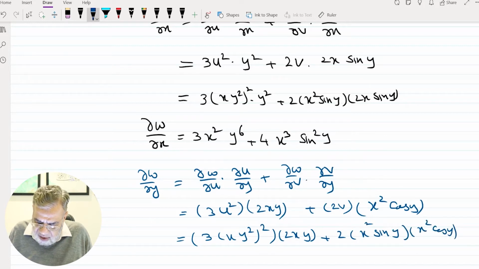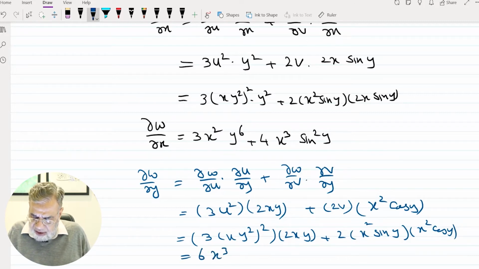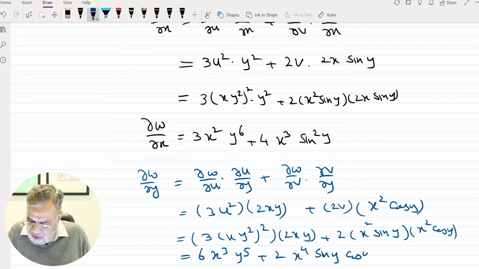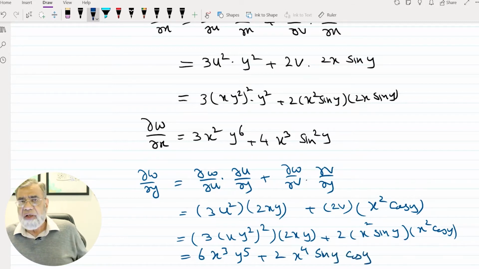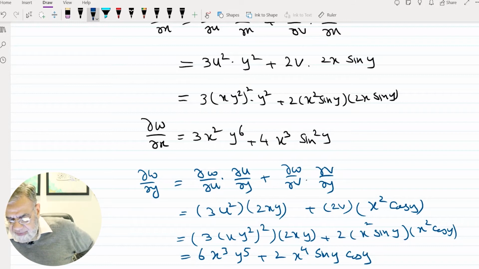You simplify this one. We get here 2 into 3 is 6, x square into x is x cube, y square whole square is y to the power 4 into y is y to the power 5, plus 2, x square into x square is x to the power 4, and we get here sine y into cosine y. So this means that if you want to write 2 sine y cosine y is equal to sine 2y, you can write it, but if you leave it like this, it's also the complete result.